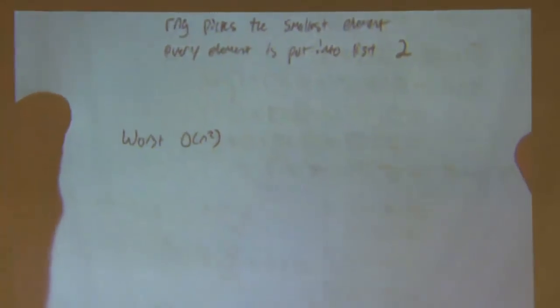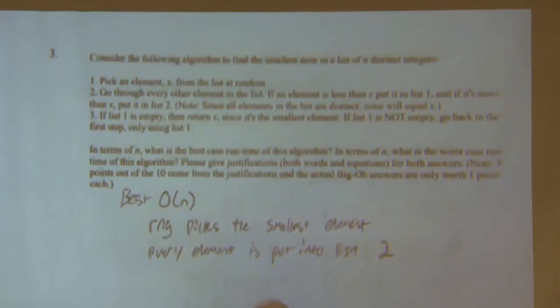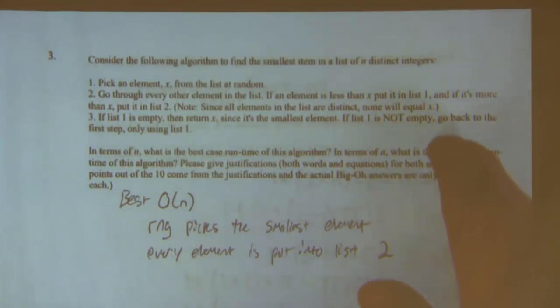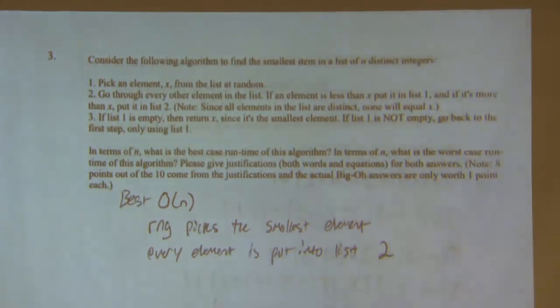we kind of just assume that every single time we pick the biggest element, right? And so the key thing here is when we finish and we loop back around to doing the algorithm again, we go back to the first step only using list 1.